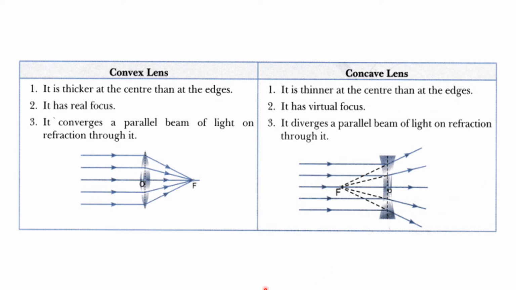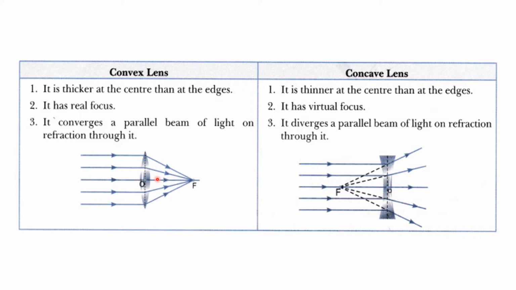Now what is the reason behind the names? Why do we call them converging and diverging lenses? If you have seen a convex lens carefully, it is thicker at the center and tapering toward the ends, thin at the corners.